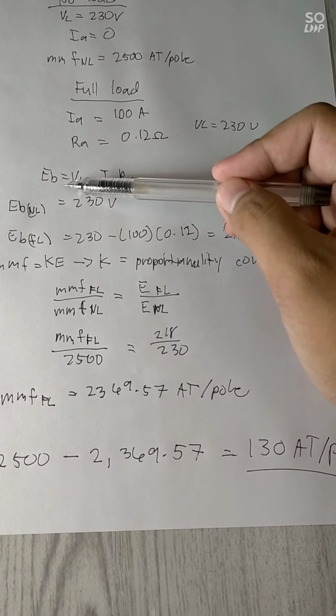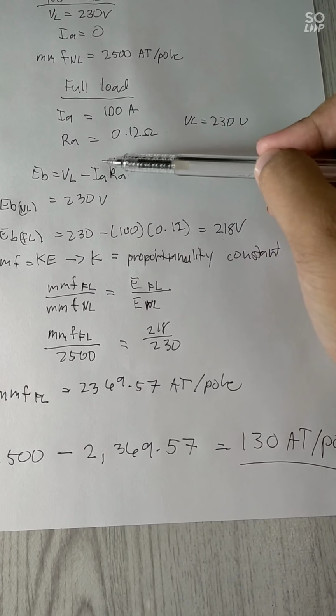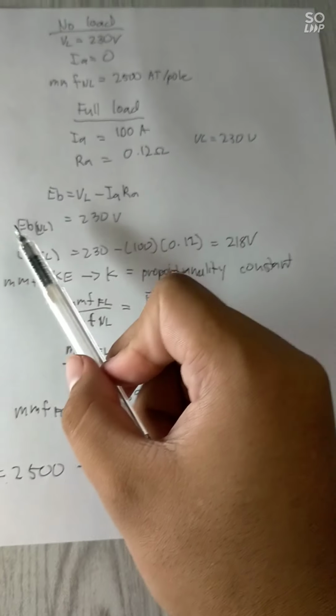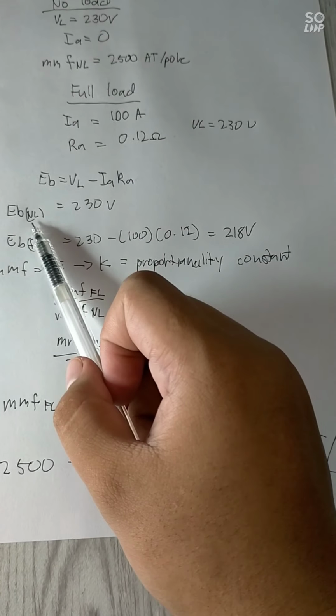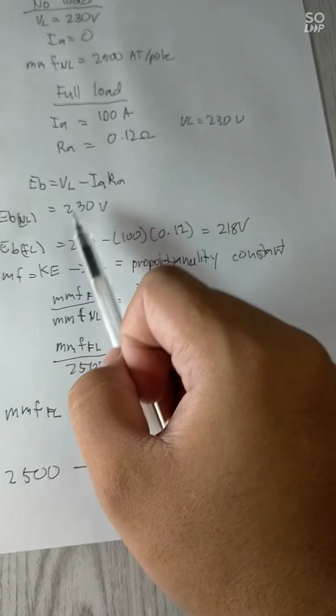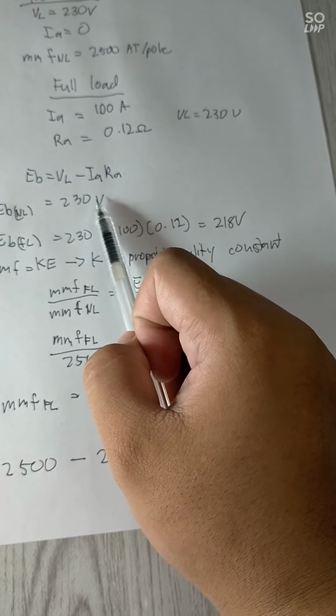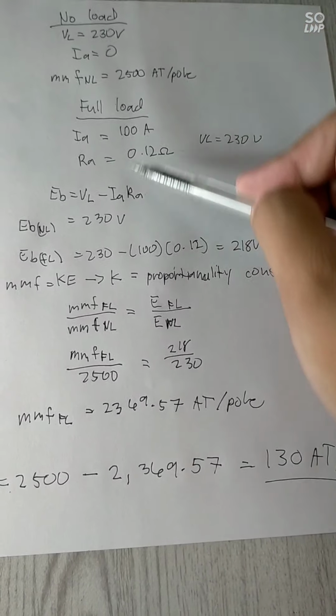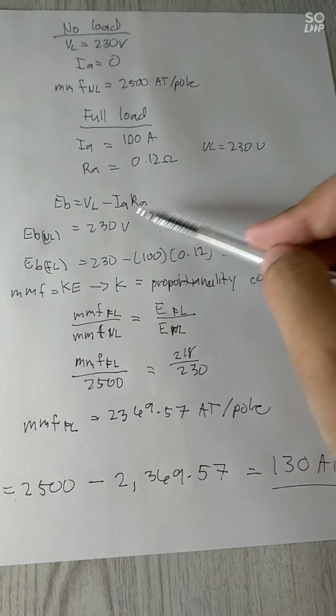The formula for back EMF is VL minus IA times RA. At no load, the back EMF is 230 volts, since our IA is 0, and 0 times RA is 0.